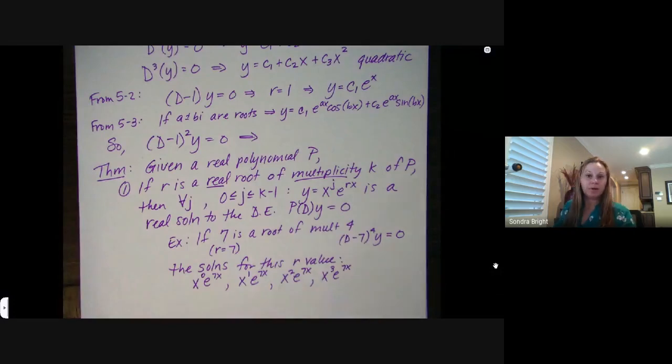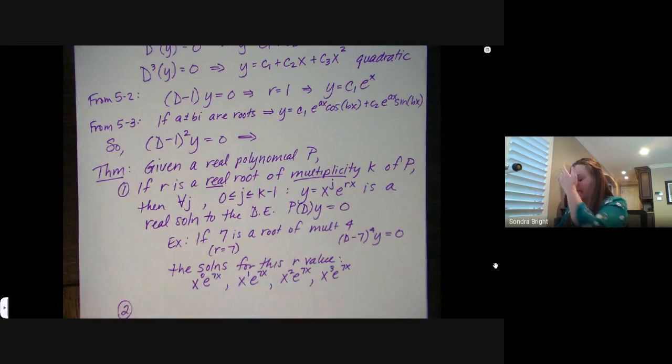Well, that's part 1 of the theorem. Part 2 of the theorem talks about how to handle it when your roots are complex and there's multiplicity.